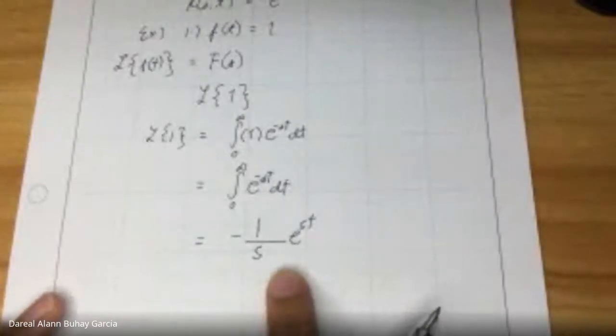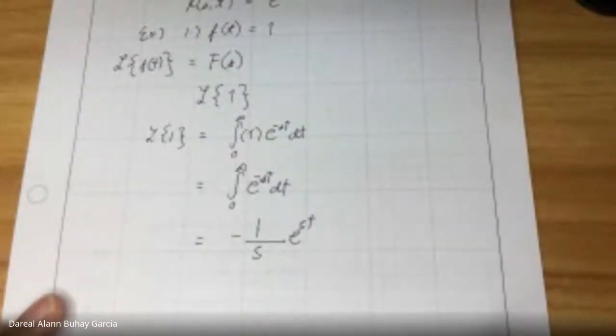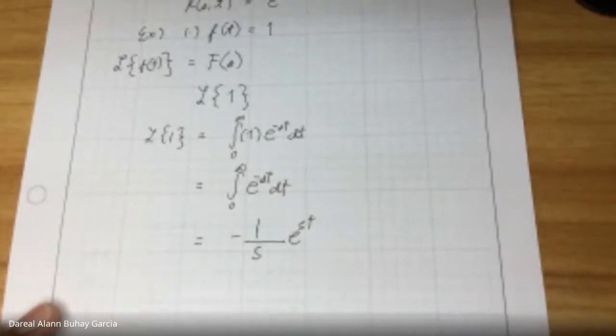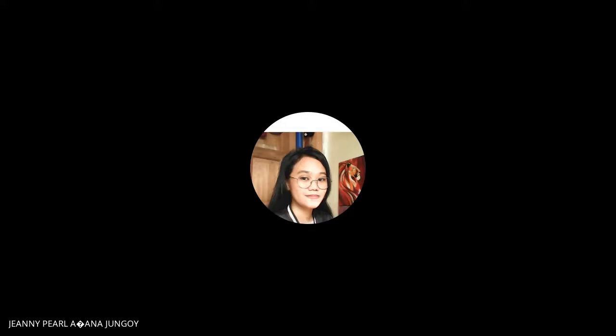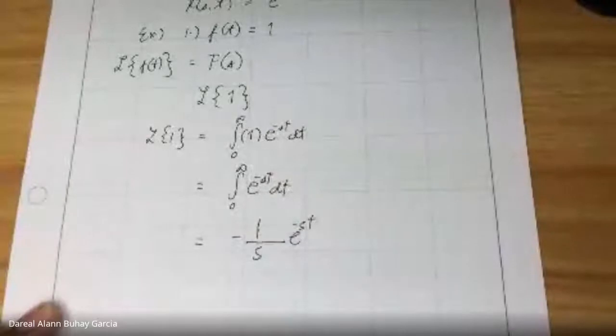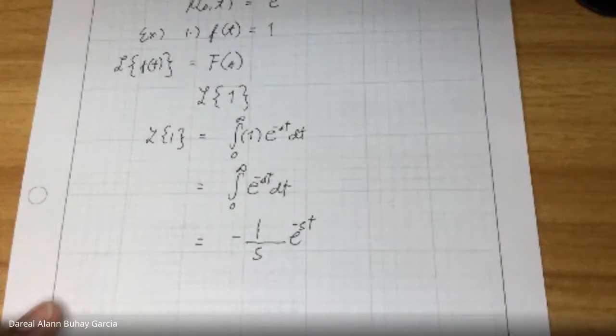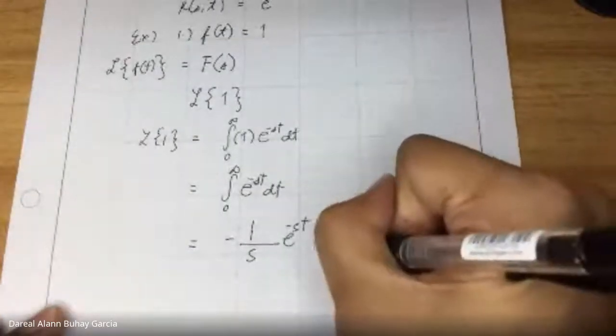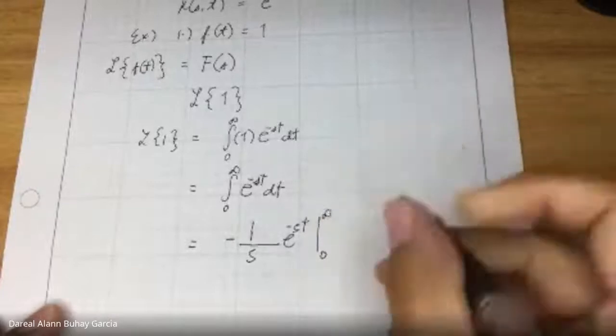Muna yung integral. Dili negative st, sir. Yeah. Sorry. Negative st dt. Sakto. Okay? So, evaluated from 0 to infinity.